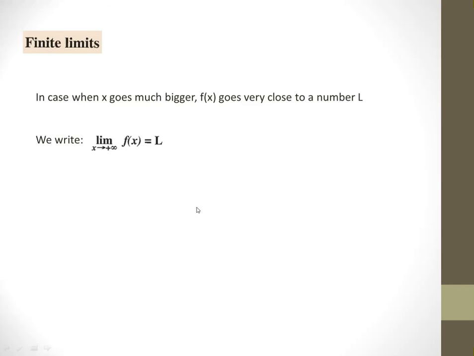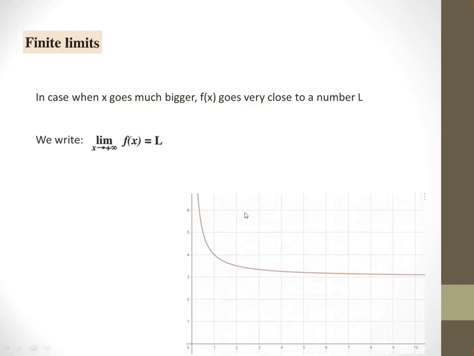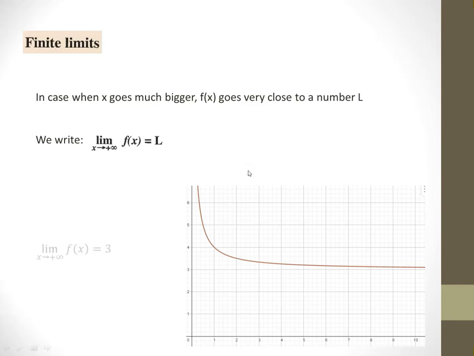Finite limits: the opposite of infinite limits is finite limits. It means that the limit is equal to a number. Okay, this L may be a number 1, 2, 3, 0, 500, any number. So in the case when x tends to plus infinity, when x goes much bigger, as we see here, the curve is going down, down, and down until it reaches a number.